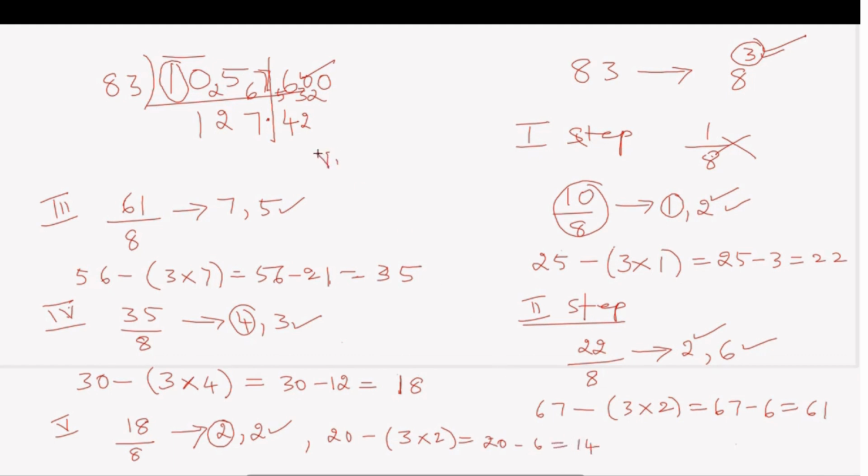In the last step 6, let us take that 14 and divide by 8. The nearest product to 14 when multiplied with 8 is 8. So we multiply 8 with 1 and the remainder is 6.